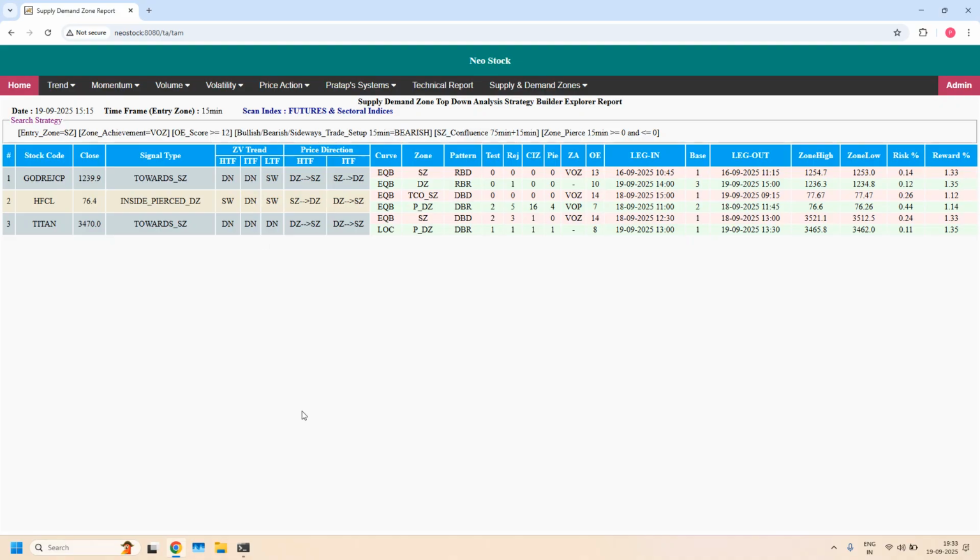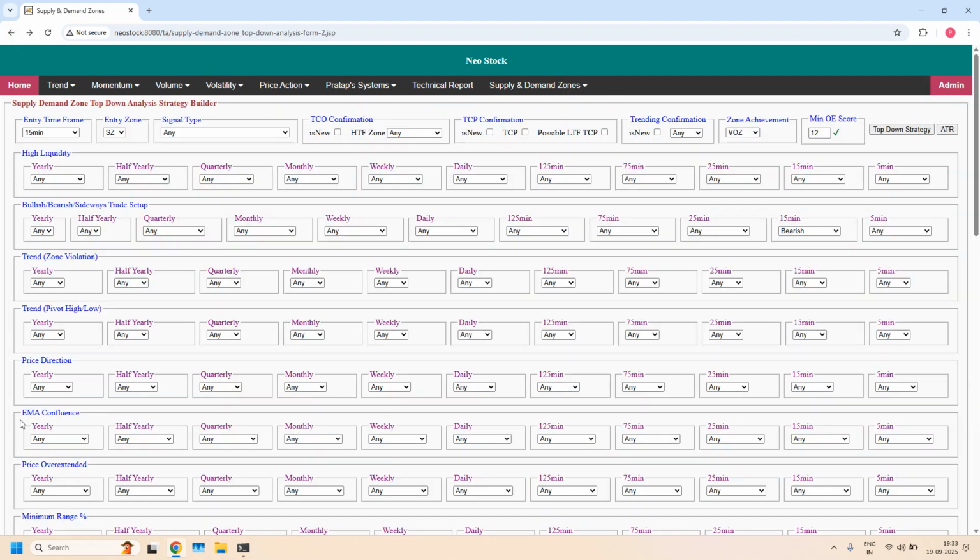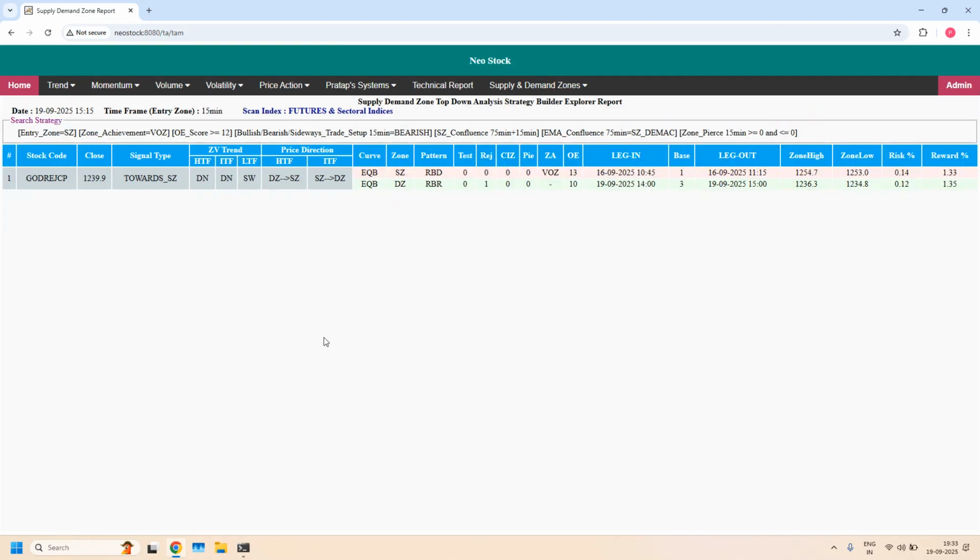So let's further filter based on whether the 75 minute supply zone has daily EMA confluence or not. With the 75 minute supply zone with daily EMA, we got 1 stock. So this 15 minute supply zone might have a higher probability of success, provided the lesson 20 checklist items are satisfied. Otherwise, there are higher chances of zone violation.